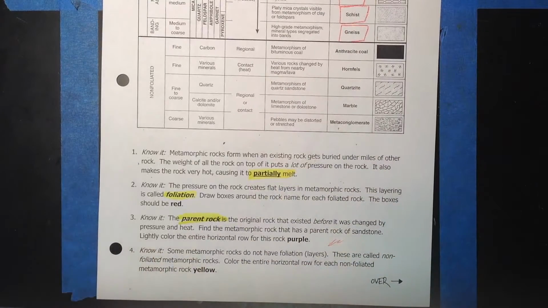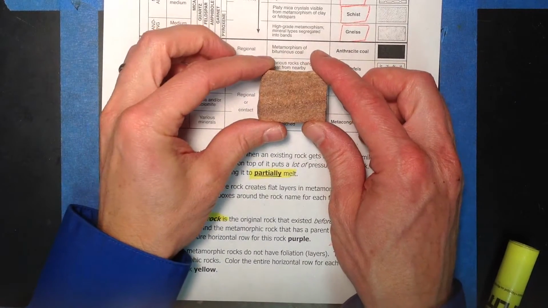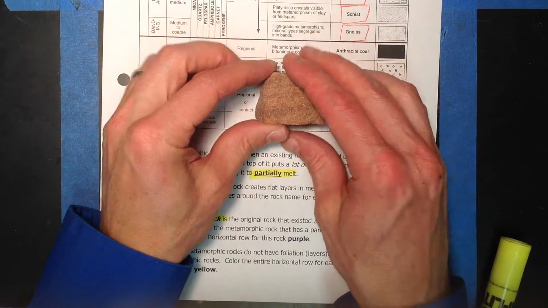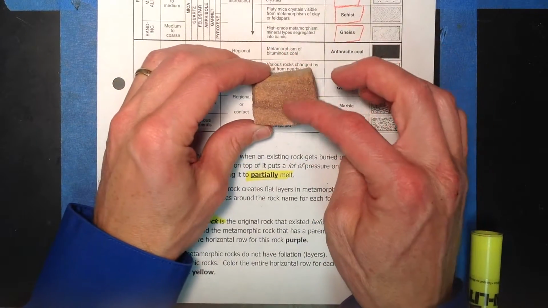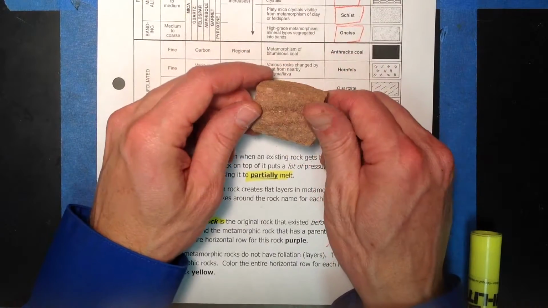Okay, so to talk about that a little bit, here I have this sedimentary rock, which is sandstone. I'm not sure if you see the little sand grains here, but if you saw this in person, you would see a lot of sand grains. We saw this during sedimentary rock lab.